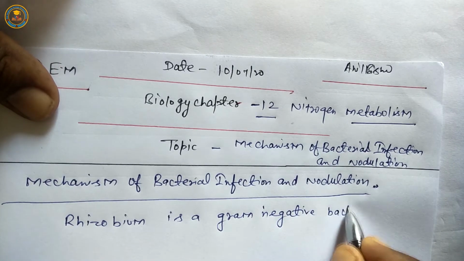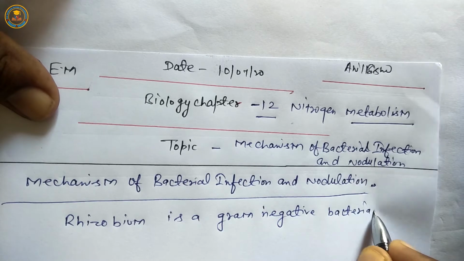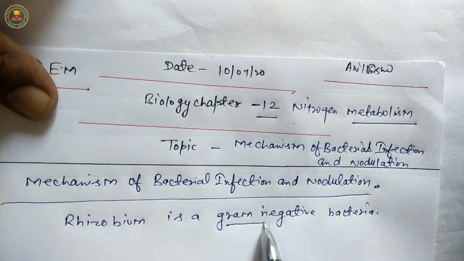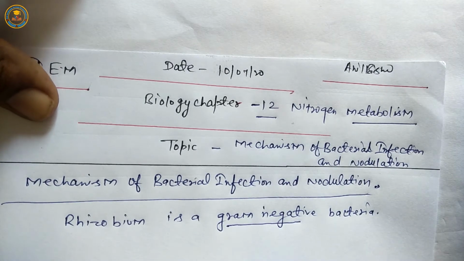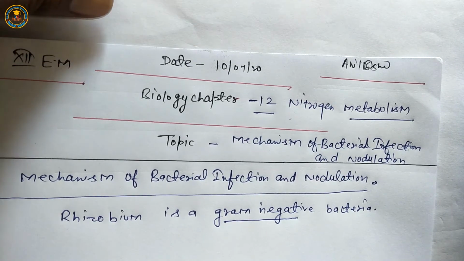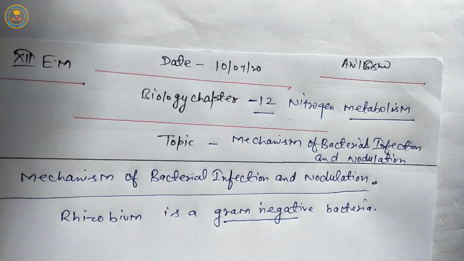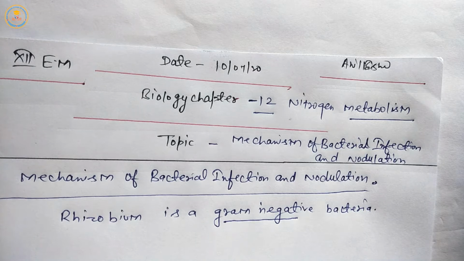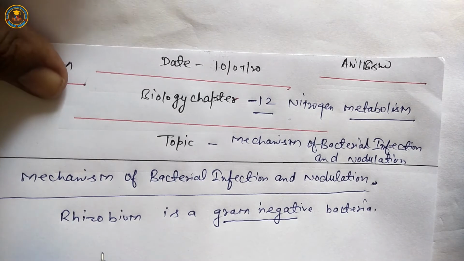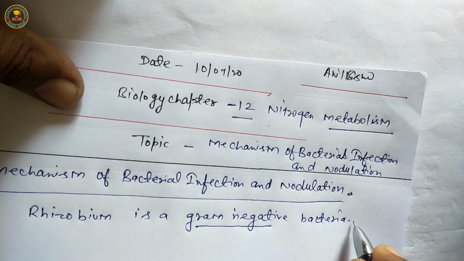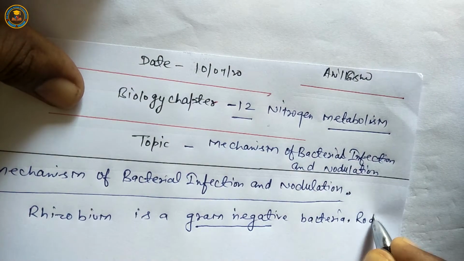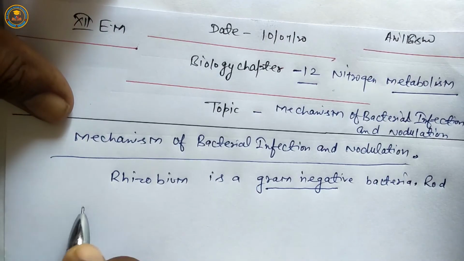bacteria. Students, all of you studied in class 11th the classification of bacteria given by Christian Gram, gram positive and gram negative. Next is rod shape.